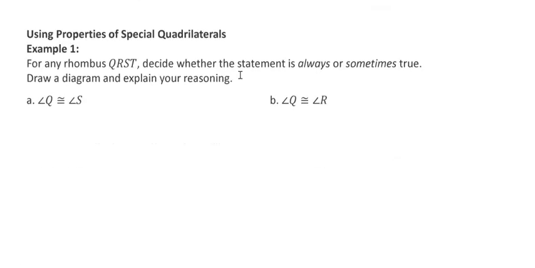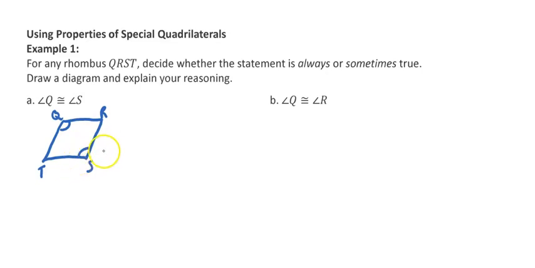All right, this says for any rhombus QRST, decide if the statement is always or sometimes true. Draw a diagram and explain your reasoning. I don't know that my rhombus is perfect, so I want a parallelogram with 4 equal sides. It's not going to be exact, but good enough, and then label it QRST. It says angle Q is congruent to angle S. Is this always true or sometimes true?